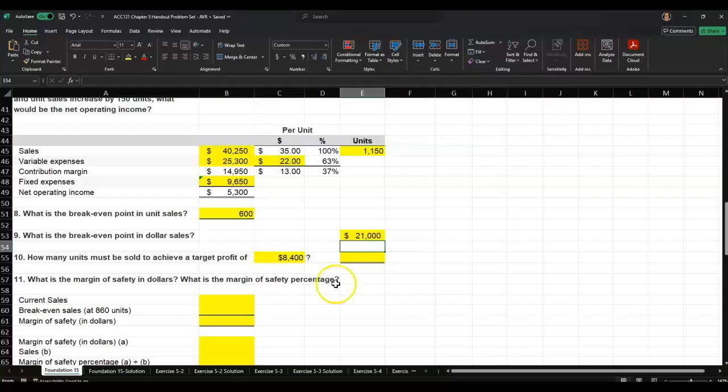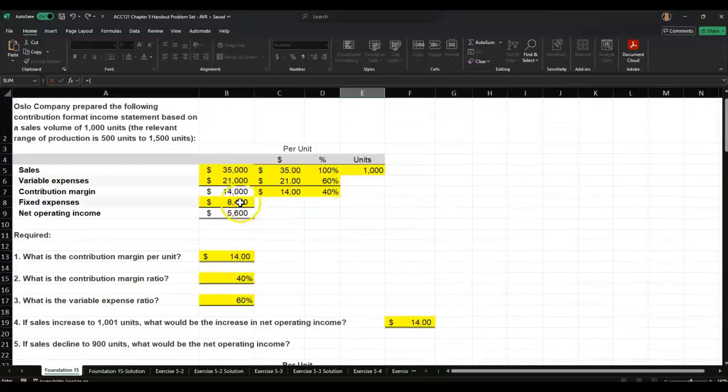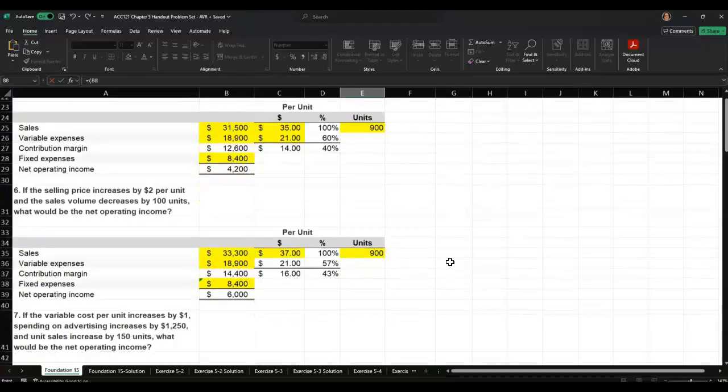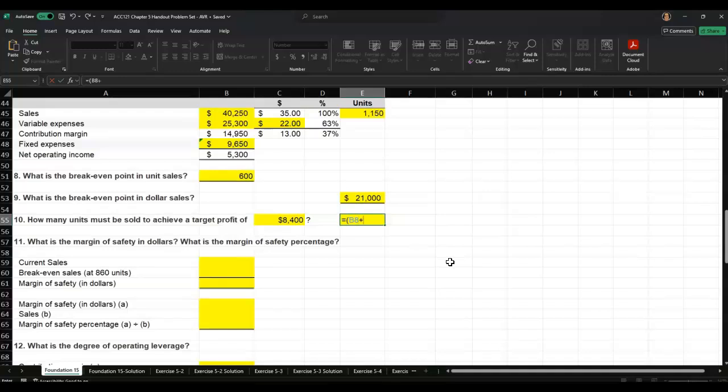Then they ask how many units must be sold to achieve a target profit of $8,400. In this one, we're going to go how many units above that 0 to get to 8,400 as our net operating income. So you simply take the additional fixed expenses plus the 8,400.